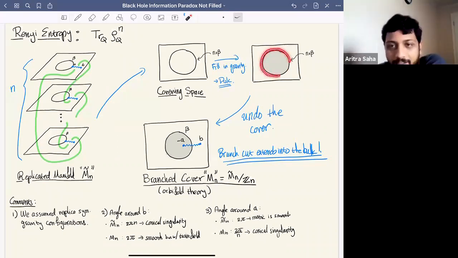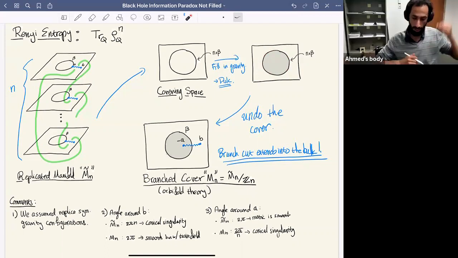Okay, yeah, I understand that part, but is it necessary to go to the orbifold picture? Is it possible to work everything out in the covering space and then keep A at the boundary? So if you work only here, I agree that there won't be any branch point, and in principle you can work in that theory, and you should get all the right answers.